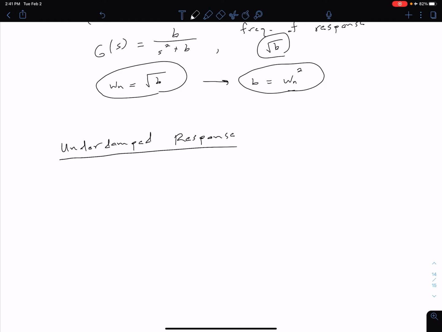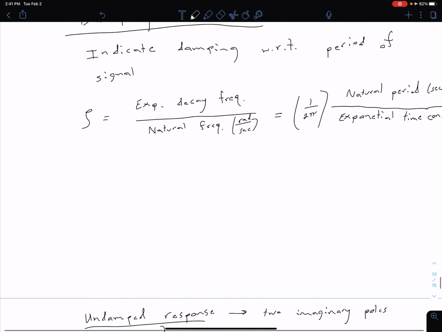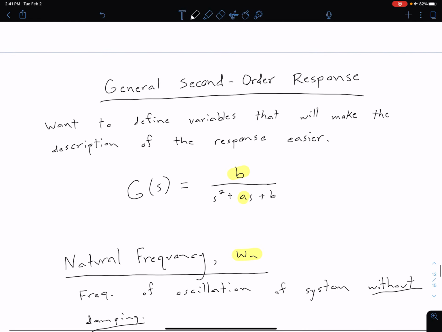What we had seen in a previous video is that for our underdamped response, we have complex poles, and the real part of those complex poles, which I didn't point out explicitly, but you can go back to the notes on Canvas or watch the previous video, is alpha equal to negative a over 2. That's of course where our a is coming from in the general equation we had previously.